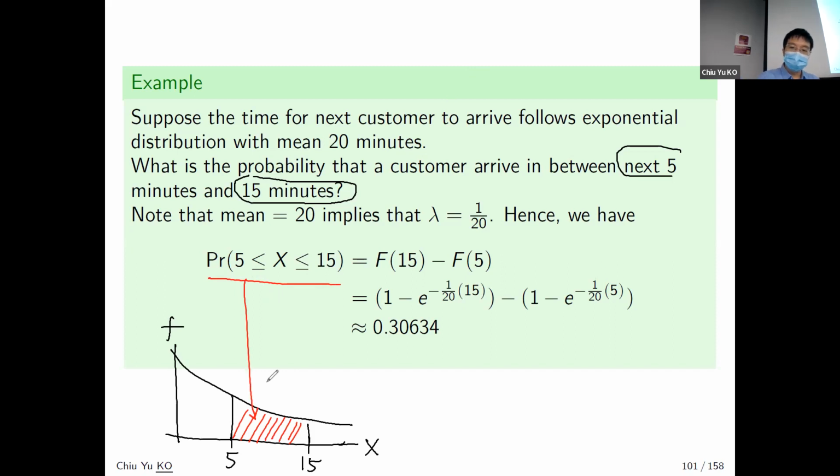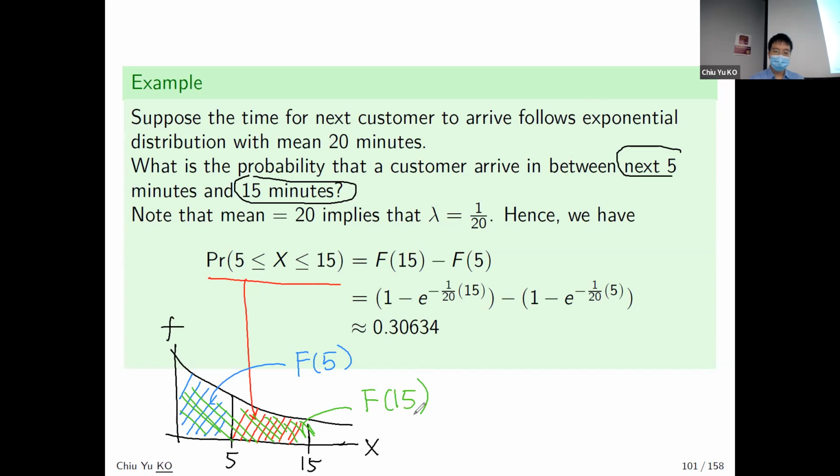But we do know how to find this, right? We do know two things. We know the blue area. The blue area is coming from f of 5, because it's less than 5. And we also know the green area is f of 15.